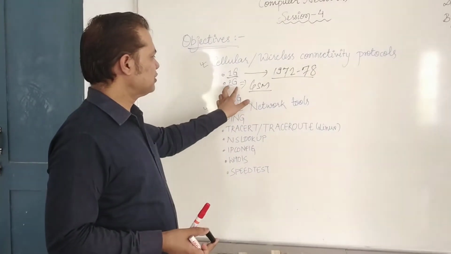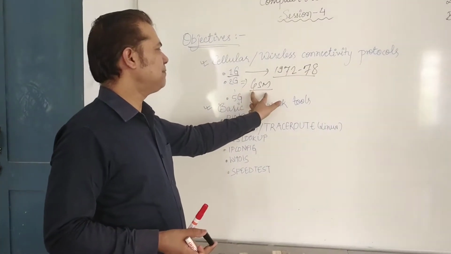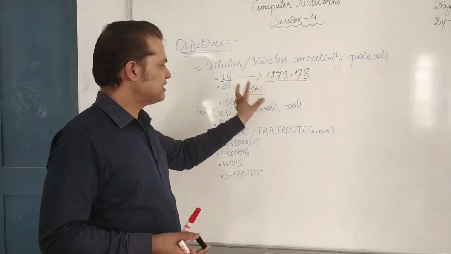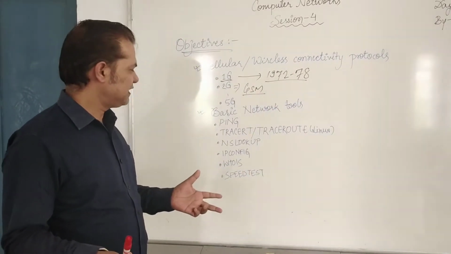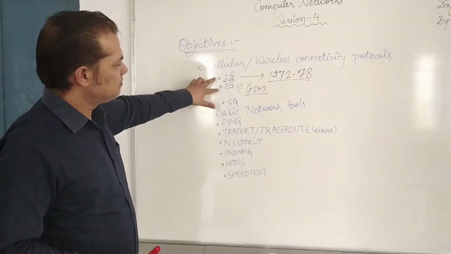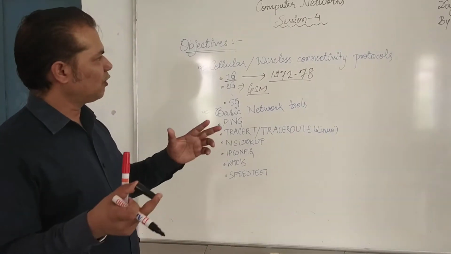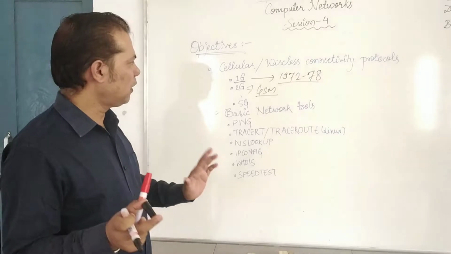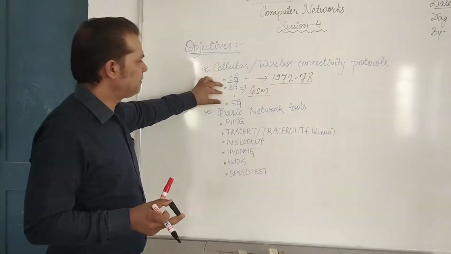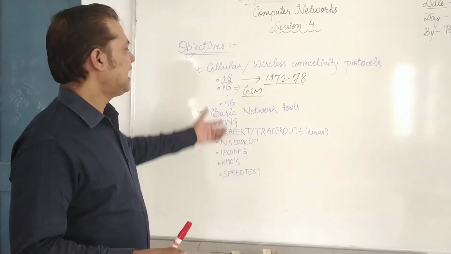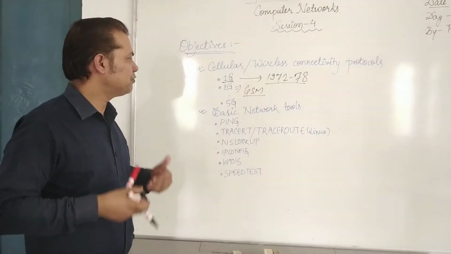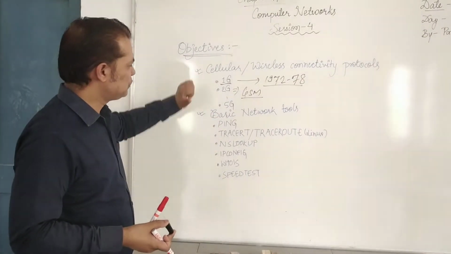So both facilities were there on 2G, which was GSM based, meaning Global System for Mobile communication. You must have heard about GSM. So the second generation was capable enough to send a small message or data, and separately it was also capable to communicate. That's why the name 2G is given.